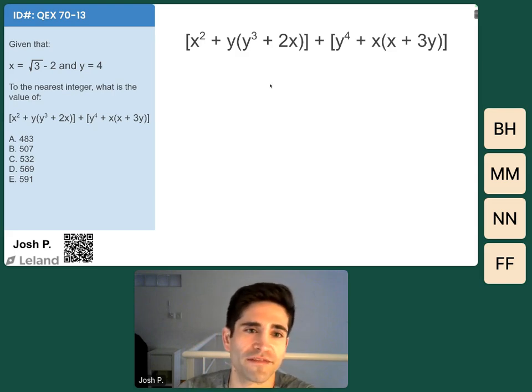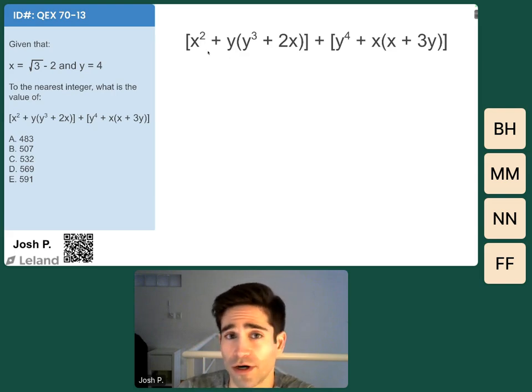We have on the left-hand side, x squared plus y times y cubed plus 2x. And on the right-hand side, we see, of course, plus y to the fourth plus x times x plus 3y. Now, you must know that this is not a math test.